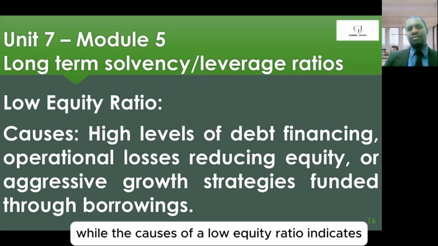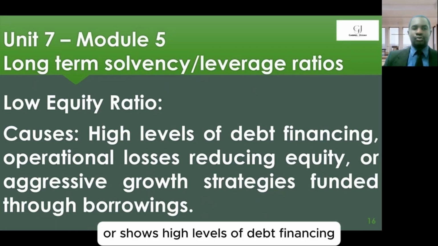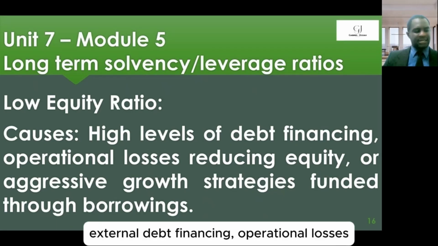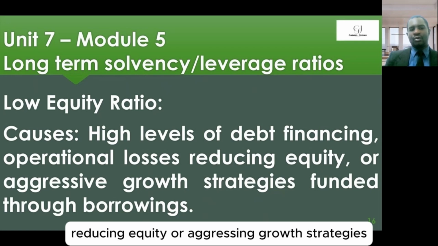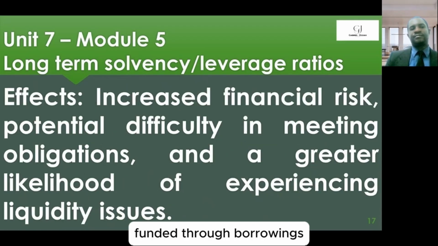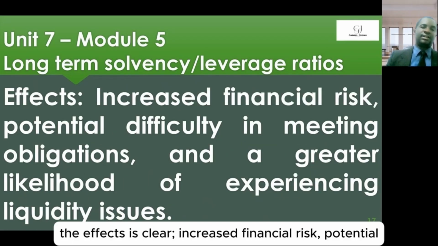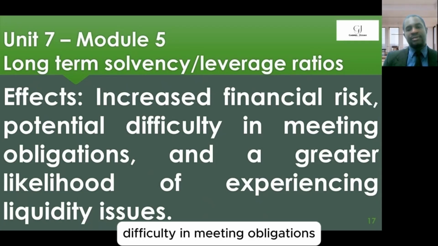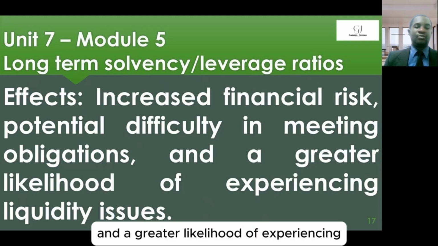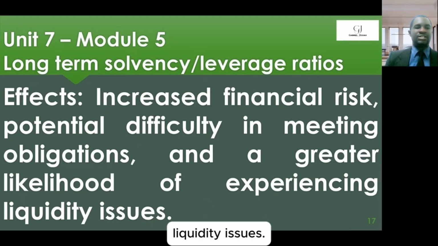While the causes of a low equity ratio are high levels of external debt financing, operational losses reducing equity, or aggressive growth strategies funded through borrowings. The effects are clear: increased financial risk, potential difficulty in meeting obligations, and a greater likelihood of experiencing liquidity issues.